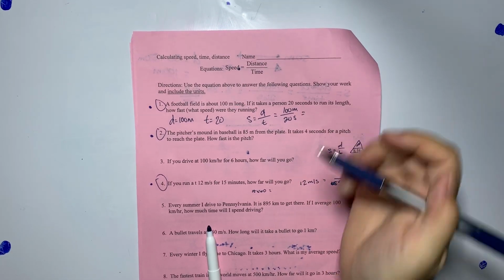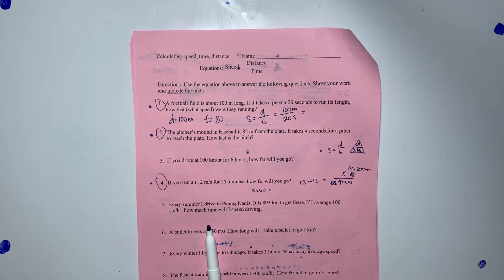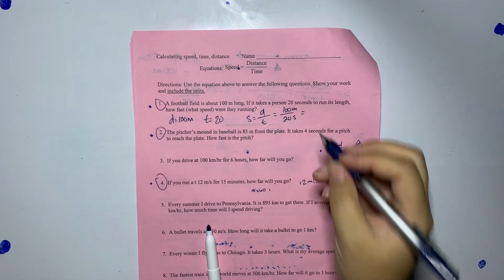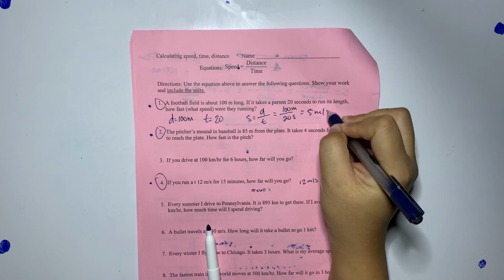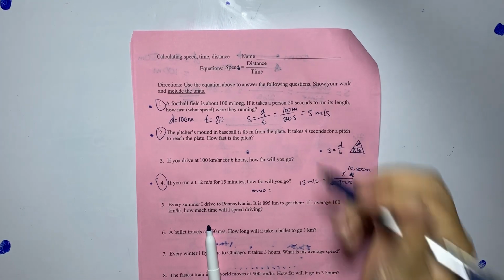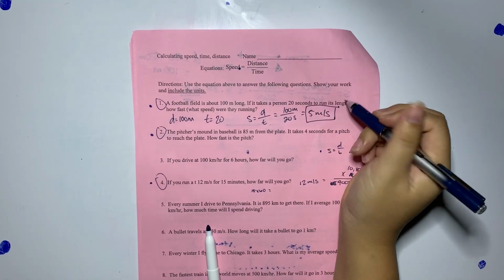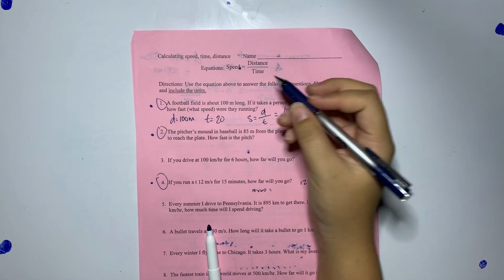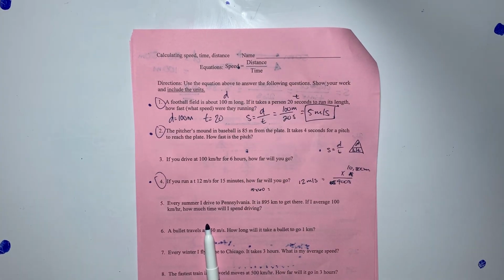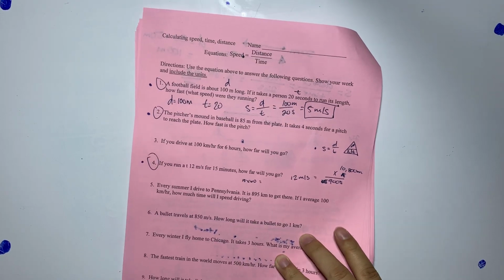Super easy. 5 meters per second. That's it. They give you numbers, just identify what they are and plug them into the equation. Not hard at all. So focus on 1, 2, and 4.